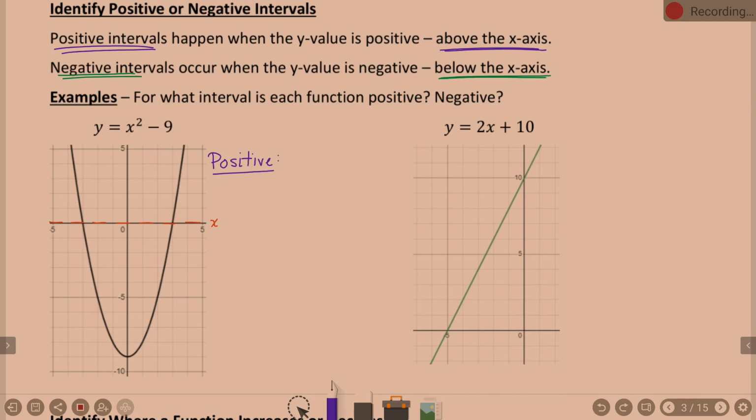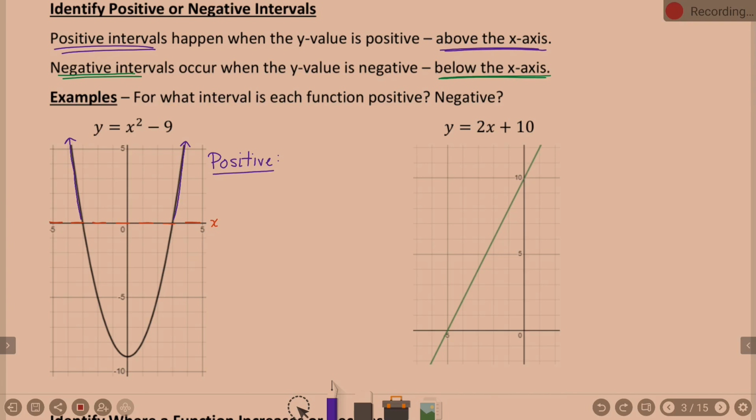Is it above the x-axis over here? Yeah. Is that the only place it's above the x-axis? No, it's also above the x-axis over here. Good? Okay, so those are my positive pieces, because there's more than one in this particular graph. There's 2 places my graph is above the x-axis.